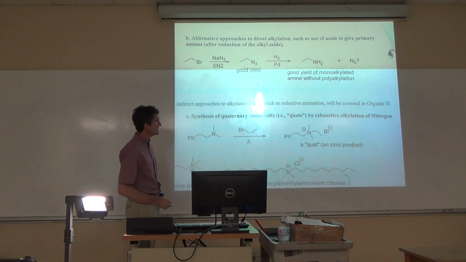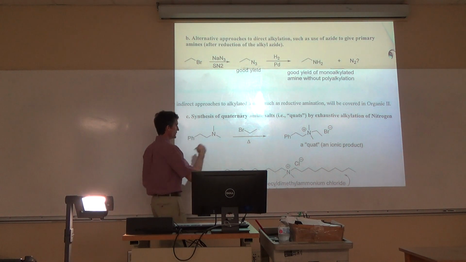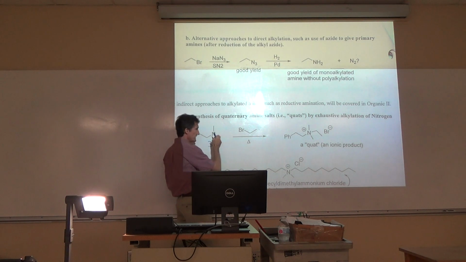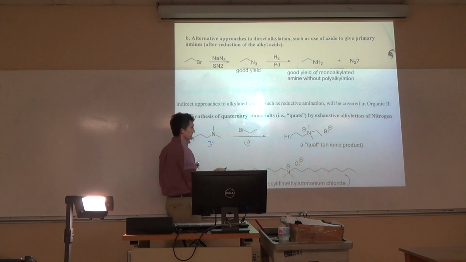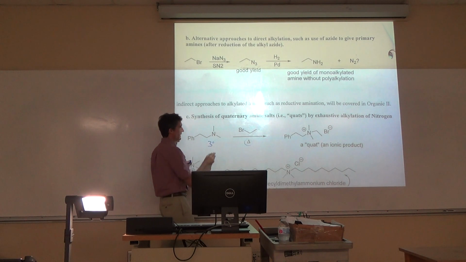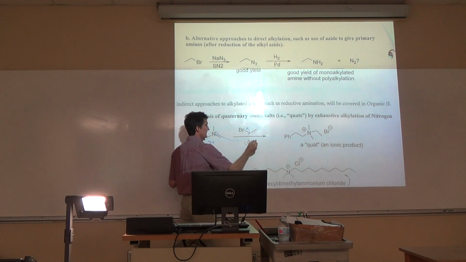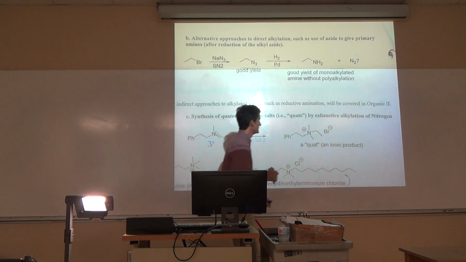Synthesis of quaternary amine salts, also known as quats. If you take this tertiary amine, you can get a reaction here. It's not easy, it's going to require heat. This can come in here and kick this off, SN2. What would that give? It would give this product here.